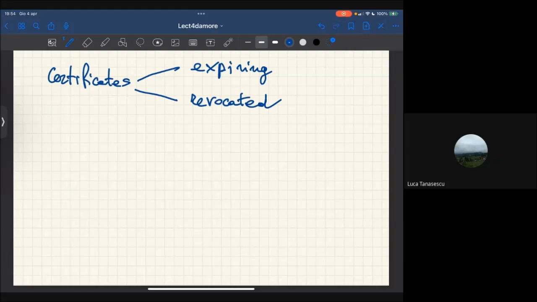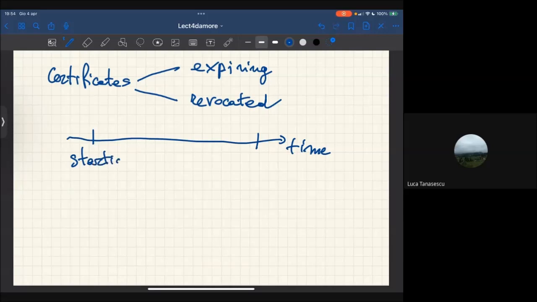So if you have a certificate that is valid from the starting date until some ending date, and for whatever reason I want to revoke the certificate at this time, the problem is that this time is not written in the certificate, because the certificate shows only the times T1 and T2 for starting and ending.